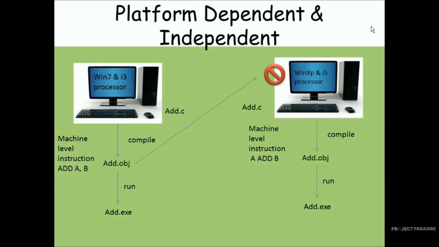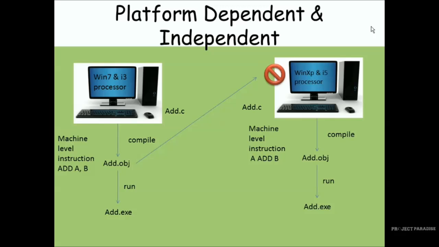When we compile it, it is converted into a .obj file, that is an object file. Compile is nothing but the process of converting the source code into machine code. The program written by us is called source code. This source code is understood by us, and it is not understood by the system.